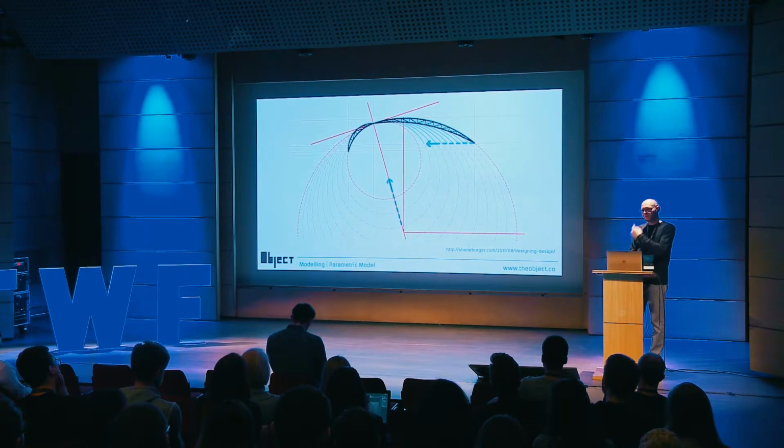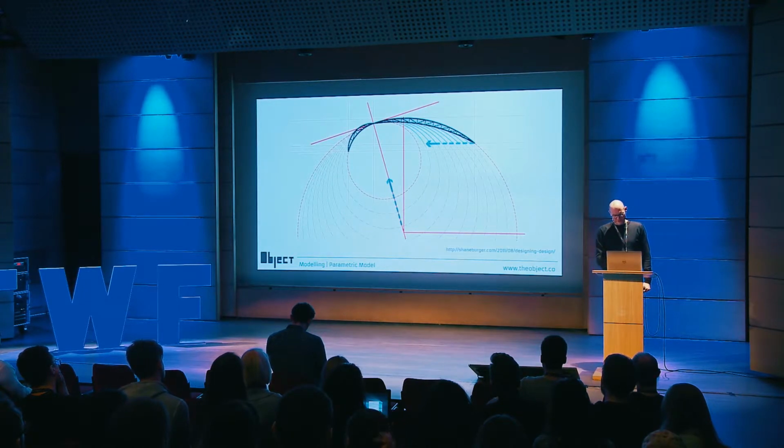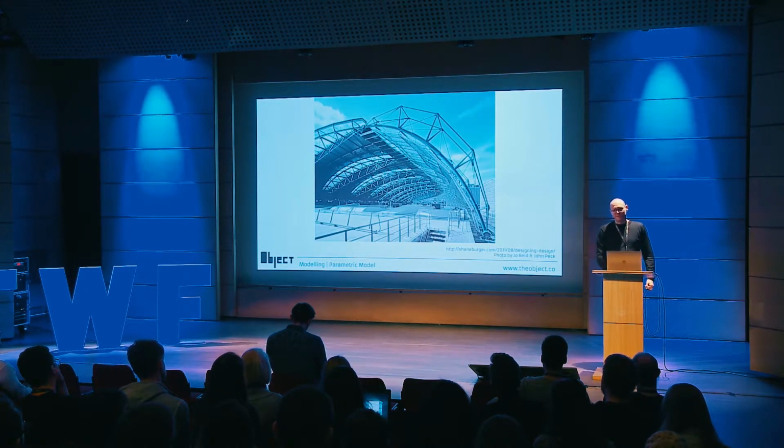And with that parametric model, we are able to change the parameters, right? So we are able to change the radii of those circles and those angles, and then the points which we are relating to. And we are able to repeat that geometry multiple times, changing those parameters.